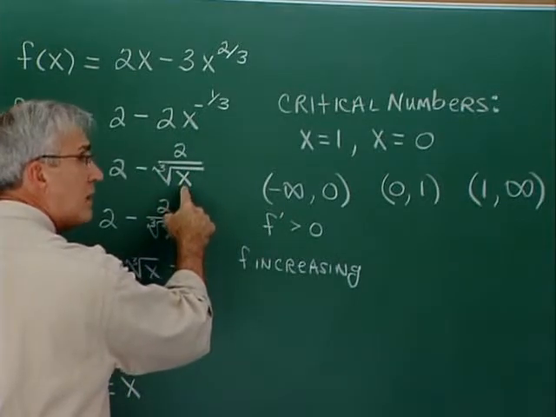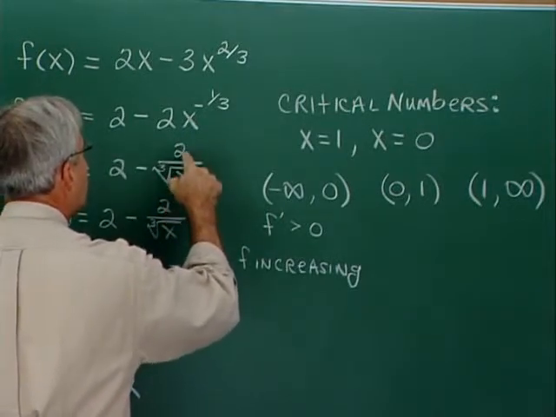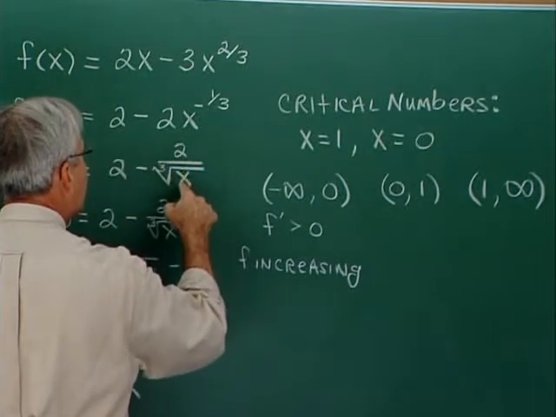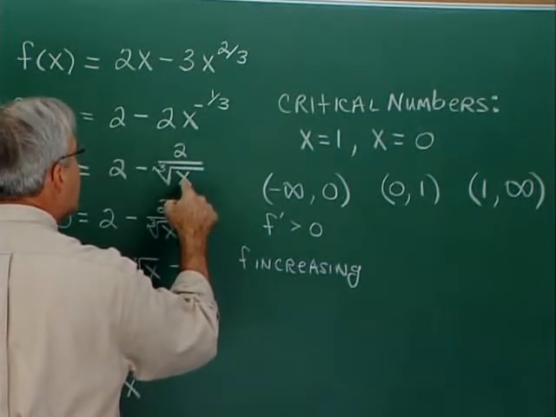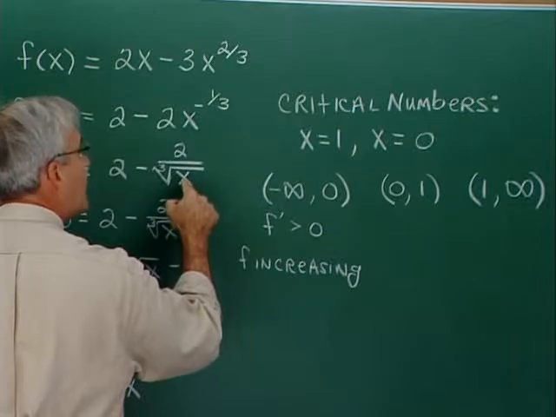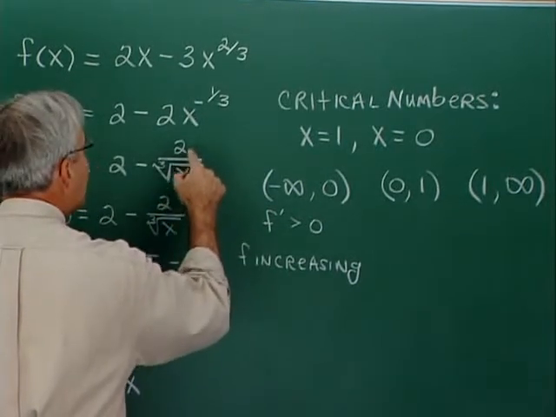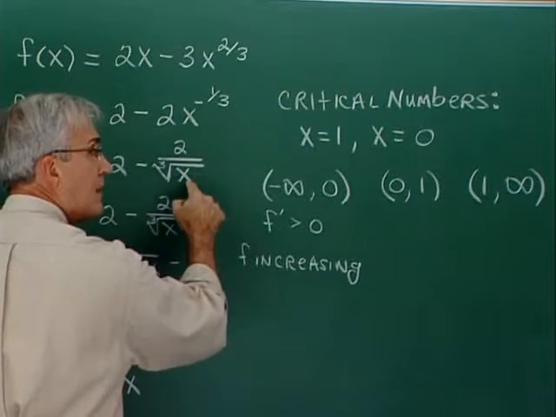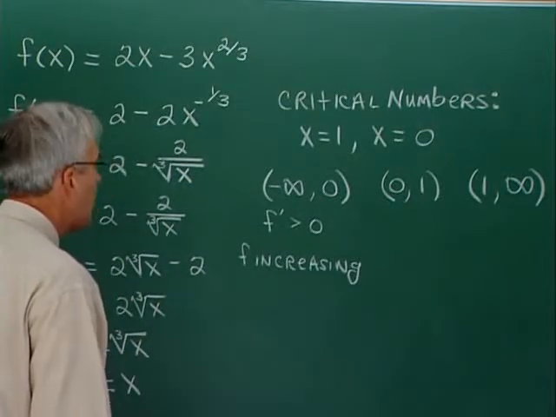That's a pretty small number, and 2 divided by that tiny number, gee, a number smaller than 1 will go into 2 more than 2 times. You see what I'm talking about here?